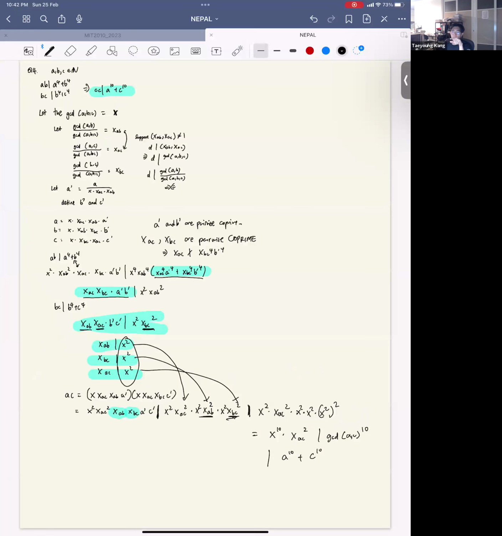Actually, I feel like this problem is not a very hard problem. What this problem requires you to do is identify that it's a greatest common divisor type problem. And you constantly exploit the divisibility conditions given. And I mean, you should suspect it when you see the power of 10 conditions, right?